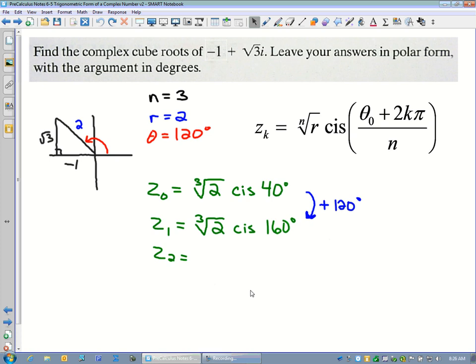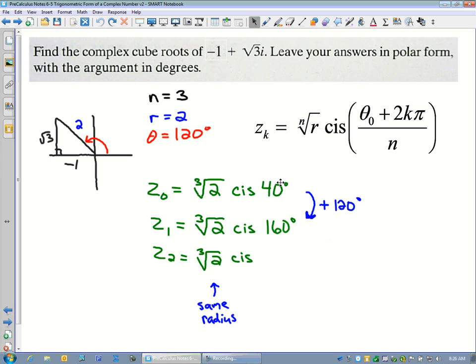Now notice how for the magnitude, it doesn't matter which root you have, that radius, that magnitude is going to be the same, because these are not dependent on the k. The k is what differentiates this answer from this answer from this answer. So for all of these, you're going to have the same radius for all of your answers. That's an important thing to realize. Likewise, they're all going to be cis. And then notice how I have our theta divided by the n.